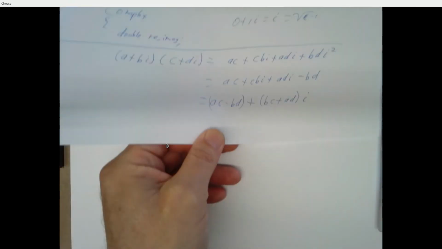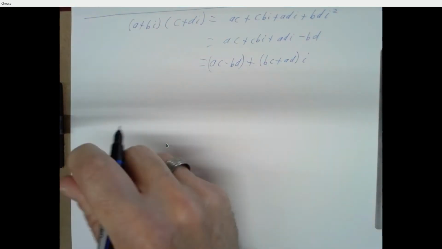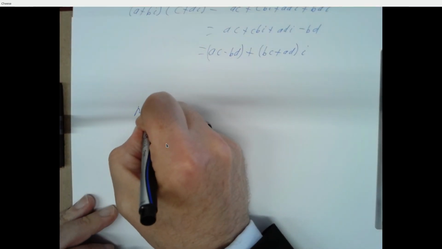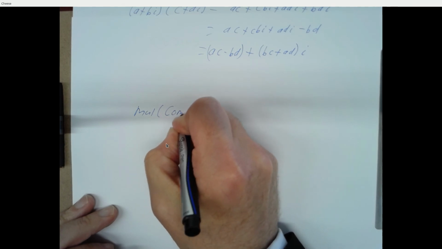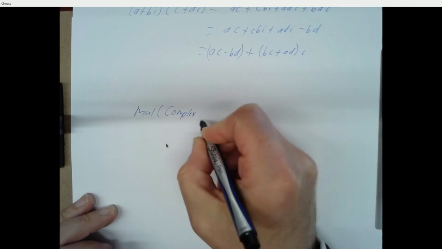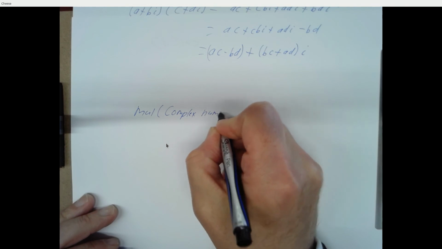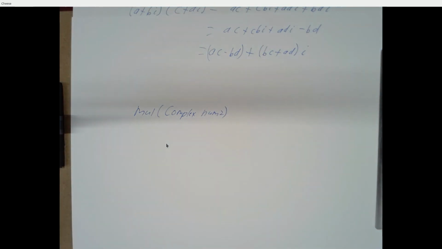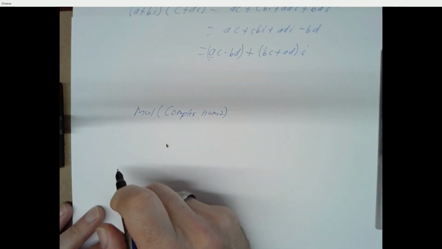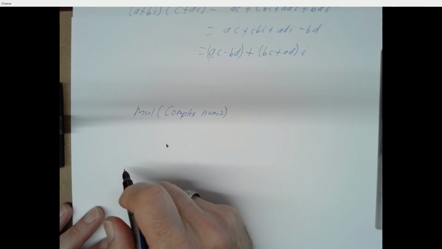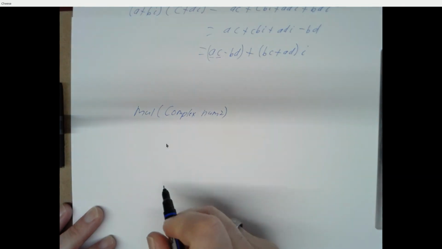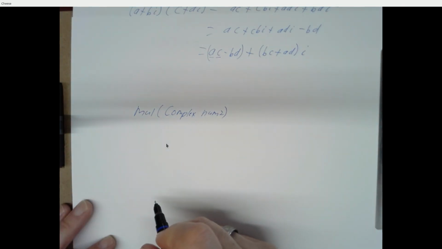Well, what does this mean? So we're inside, let me call this num2. Okay, we want the real part of the number that we're trying to multiply, and we want to multiply that by the real part of the number we're multiplying by.